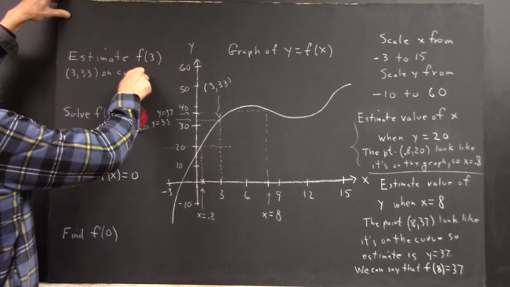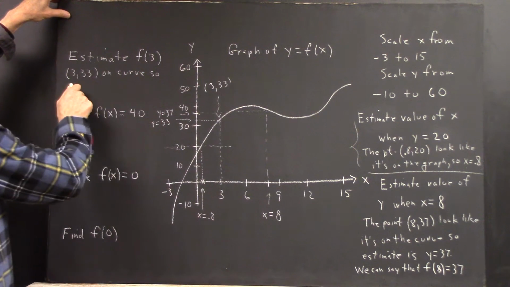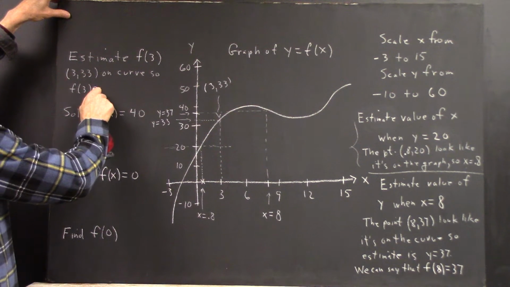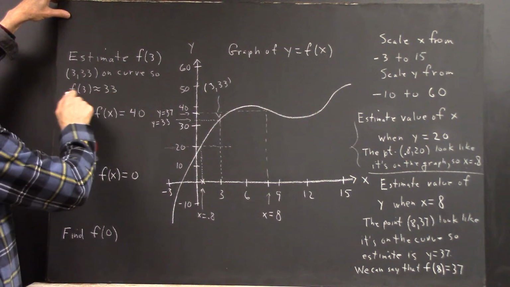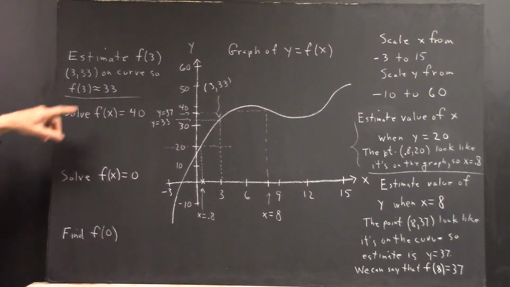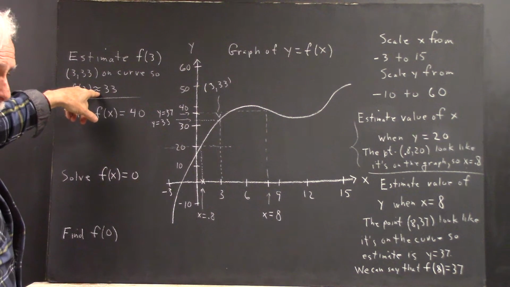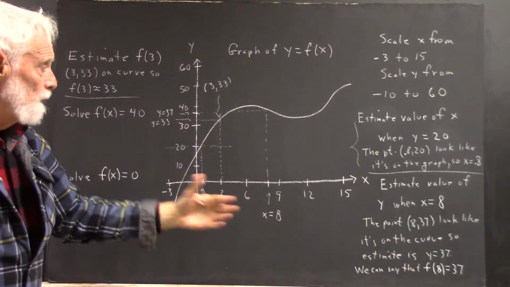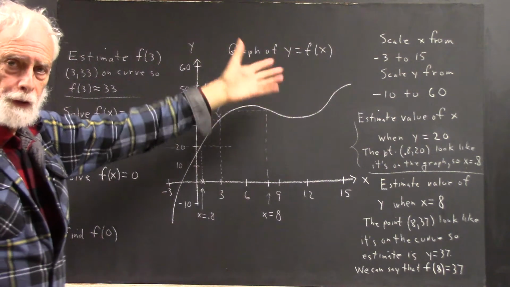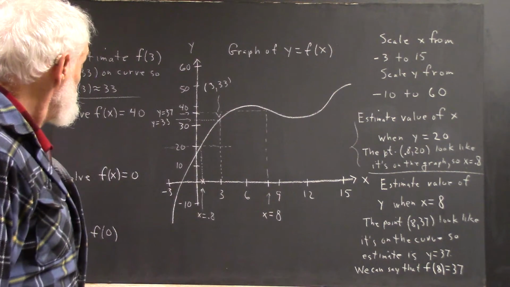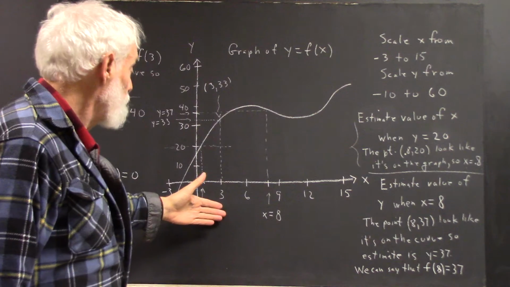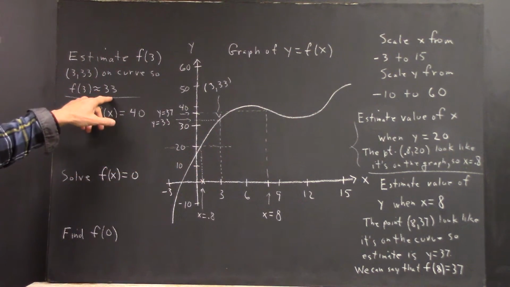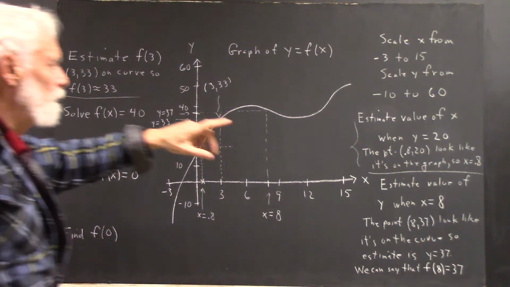The point (3, 33) is on the curve, so f of 3 is approximately equal to 33. Now, I said approximately equal. We're estimating. We don't know what the formula for this function is, even if there is one. We don't know exactly what f of 3 is, but according to this graph, it's pretty close to 33.